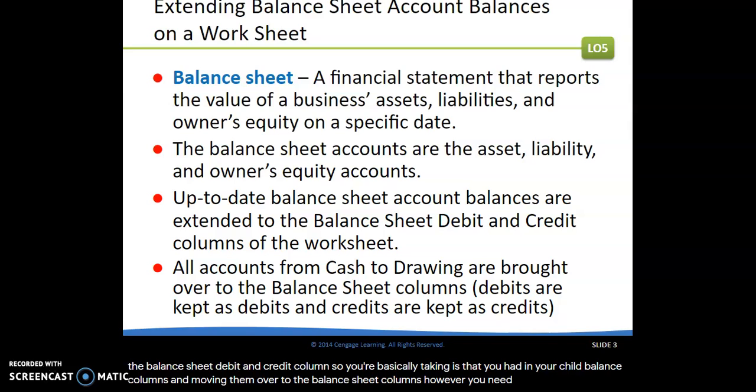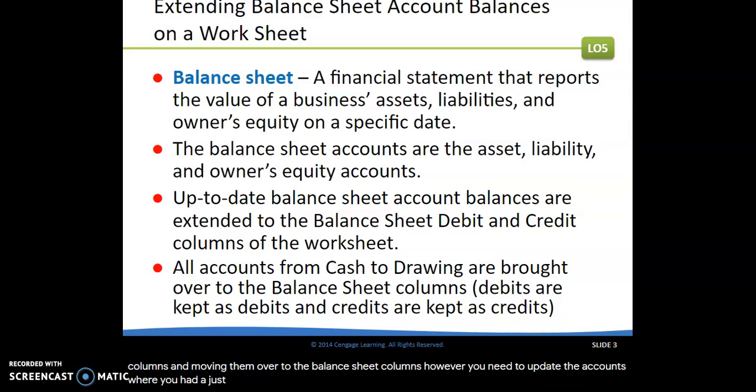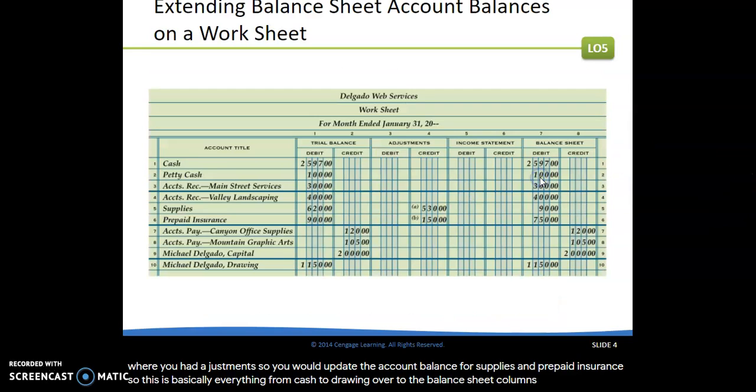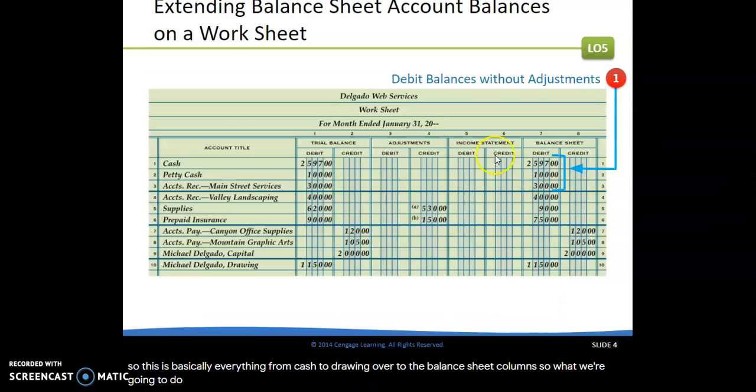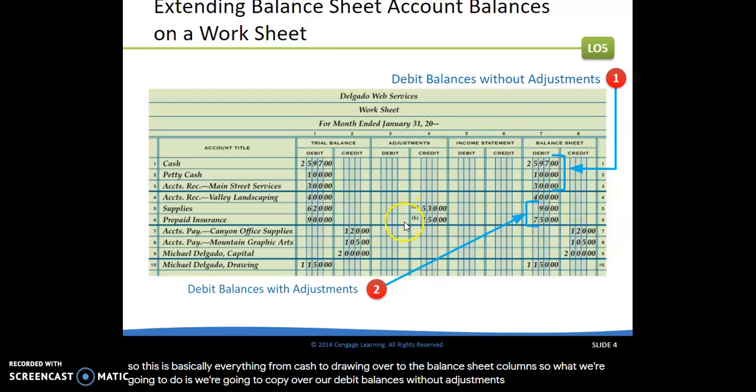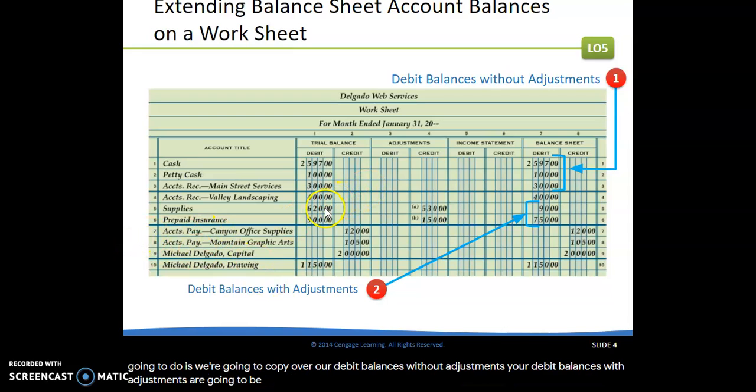However, you need to update the accounts where you had adjustments. So you would update the account balance for supplies and prepaid insurance. So this is basically everything from cash to drawing over to the balance sheet columns. So what we're going to do is copy over our debit balances without adjustments. Your debit balances with adjustments are going to be 620 minus 530, and that's going to give us 90.